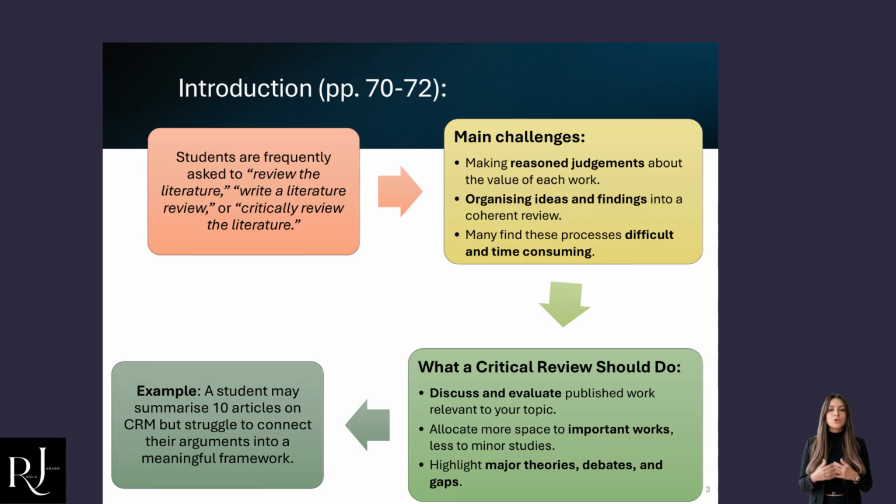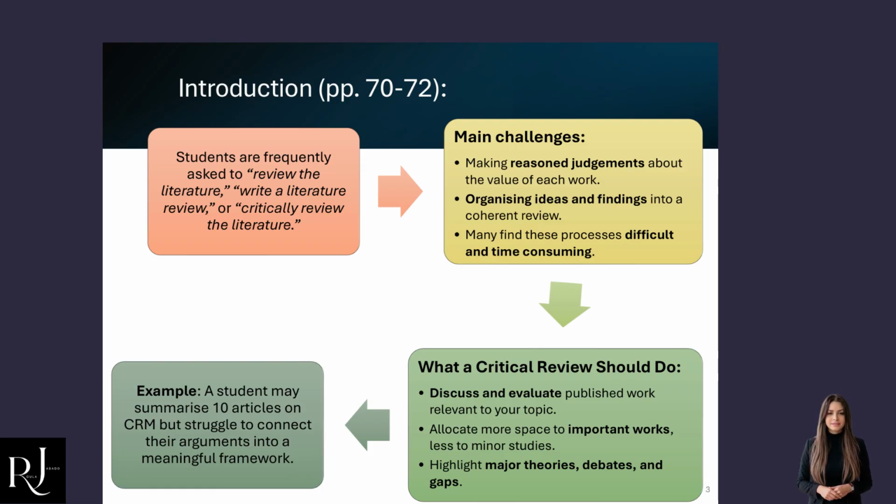As students, you are frequently asked to review the literature, but many find this process difficult and time-consuming. The main challenges include making reasoned judgments about the value of each work and organizing those ideas into a coherent framework. A common mistake is simply summarizing articles without connecting them.